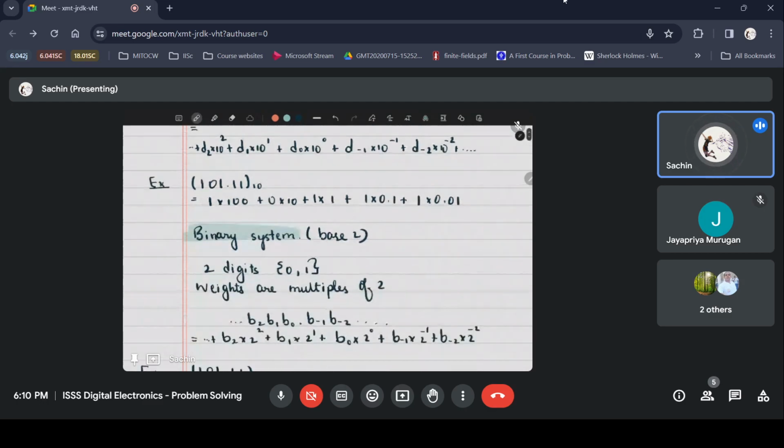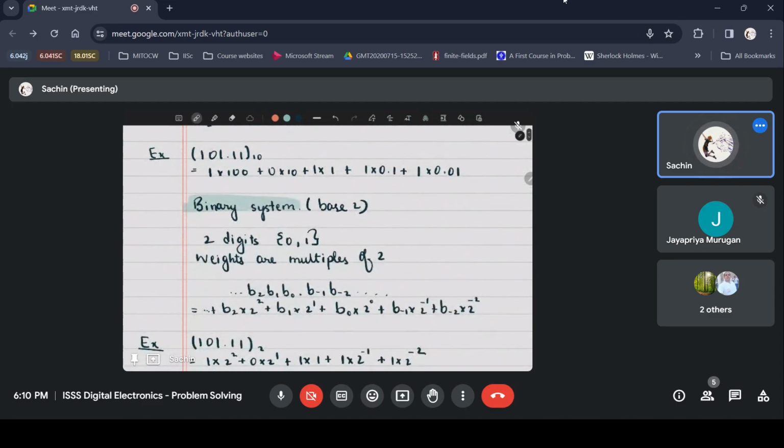So if you have a number b2 b1 b0 point b minus 1, b minus 2, each digit is multiplied by a power of 2. So b0 gets multiplied by 2 power 0, b1 gets multiplied by 2 power 1, and the way you decide which digit is b0 is through the binary point.